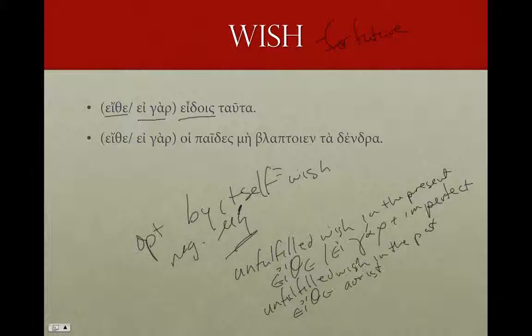These are going to be indicatives. The optative wish is always for the future. It always might happen. So that way it's very closely related to the potential optative. The difference is going to be the potential will have an and the wish will not.